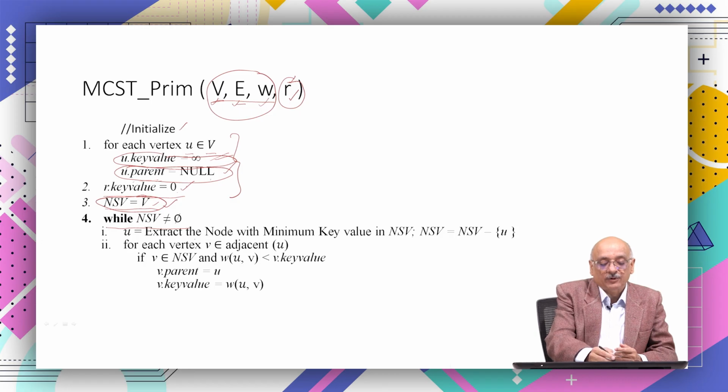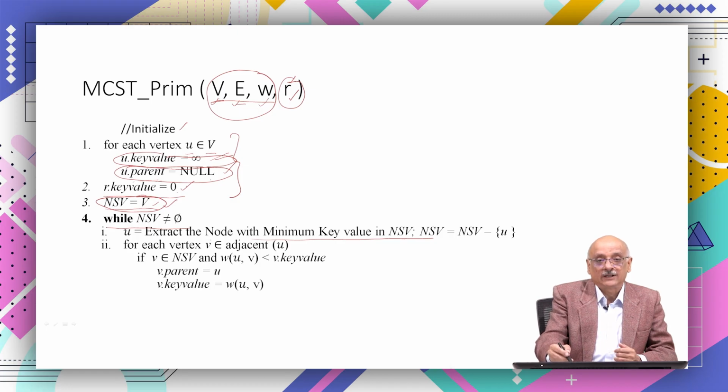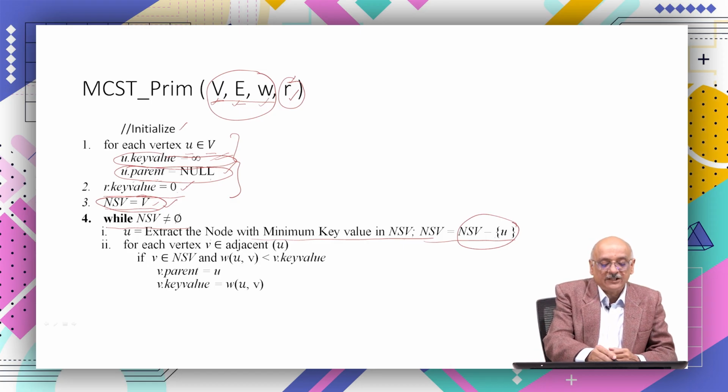We extract the node U with the minimum key value in NSV, and it is removed from this set. Then for each vertex V adjacent to U, we find all the adjacent vertices.